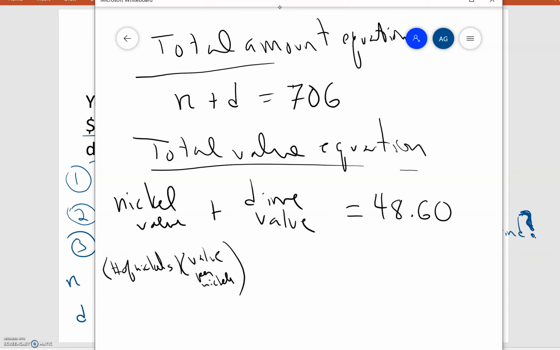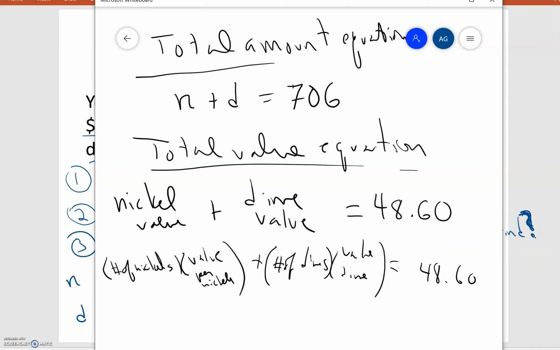So it's the number of nickels times the value. To that nickel value, we add the dime value, which is the exact same setup: the number of dimes times the value per dime. And altogether, this has got to add up to $48.60.